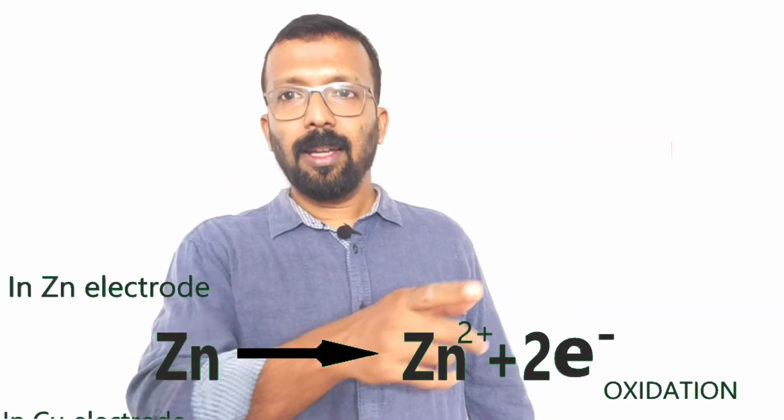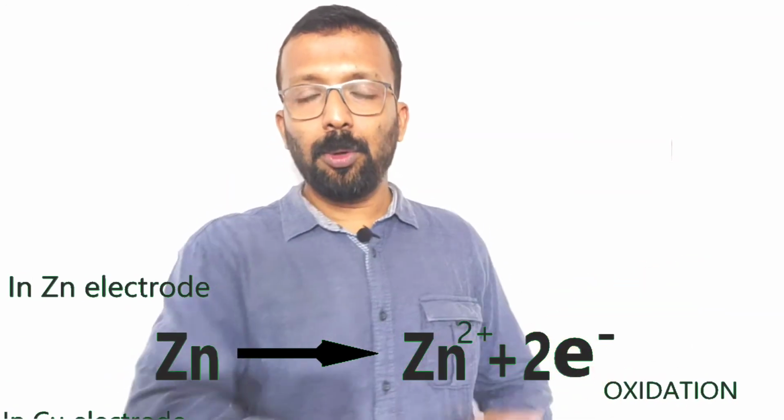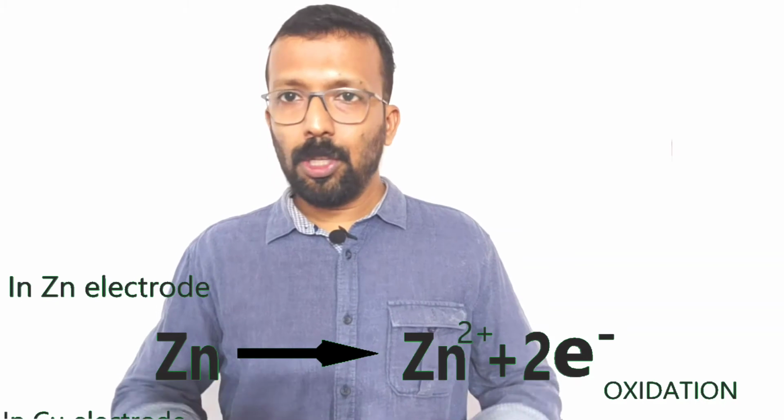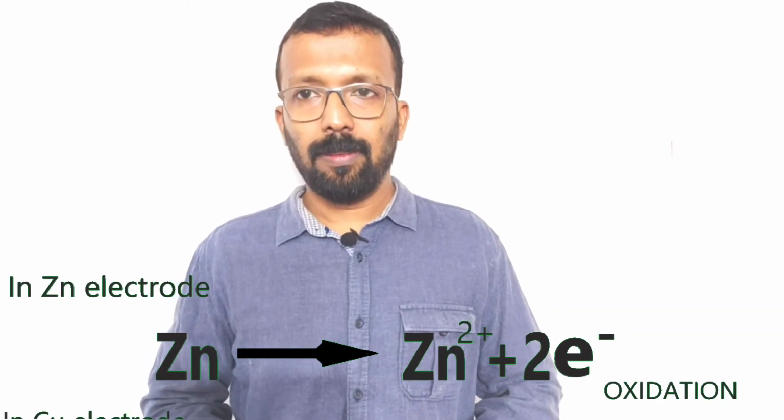See the equations of reactions. Zn gives Zn2+ plus 2e−. Loss of electrons, oxidation. The electrons thus liberated reach the copper electrode through the external circuit and are received by the copper ions in solution, changing them into copper.